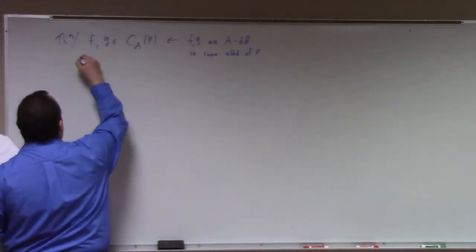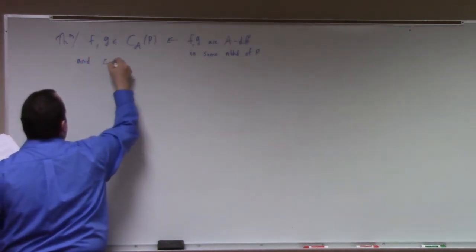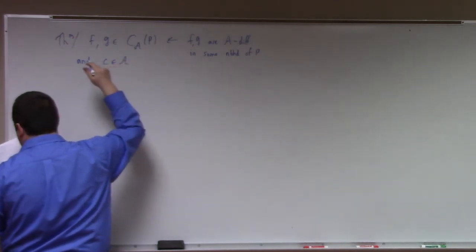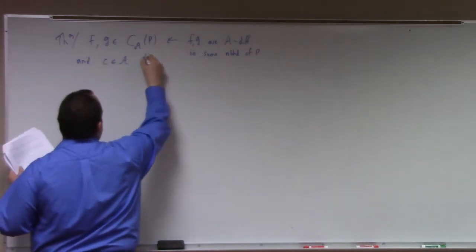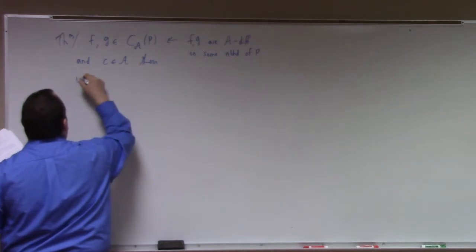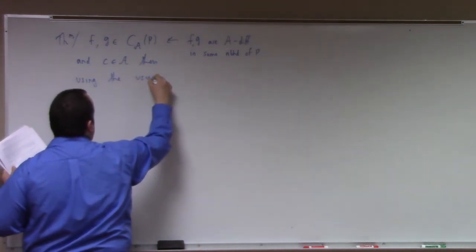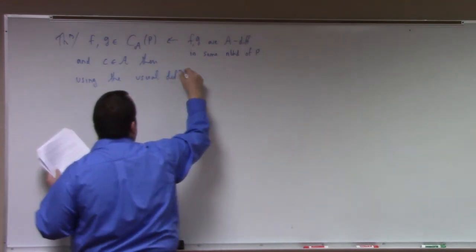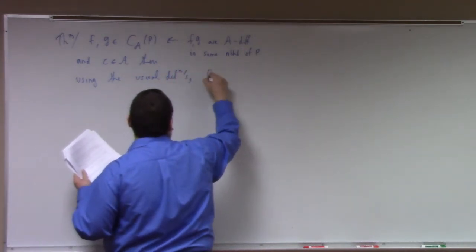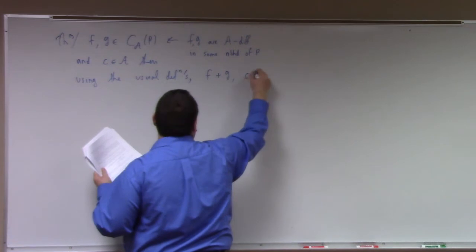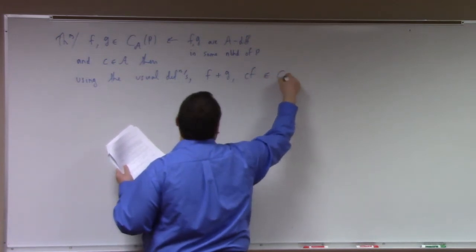If that's the case, and if c is a constant algebra element, then using the usual definitions, f plus g and cf are in C_A(p).